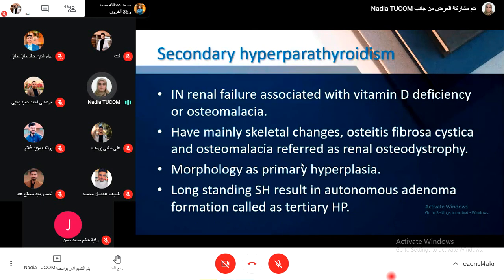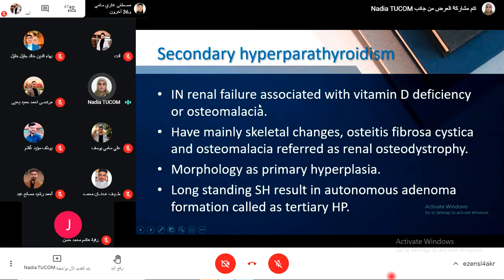Regarding secondary hyperparathyroidism, again, it is related to excess PTH in response to chronic hypocalcemia in patients with impaired renal function.